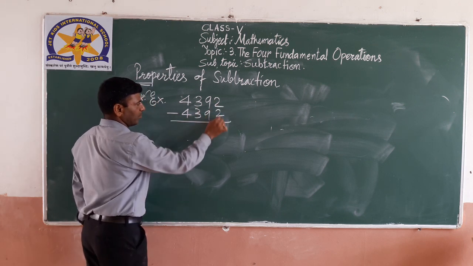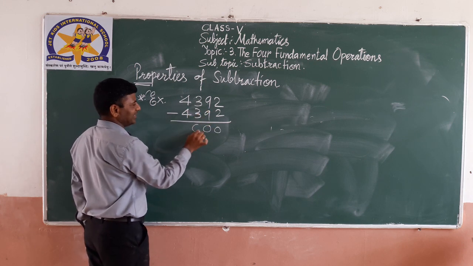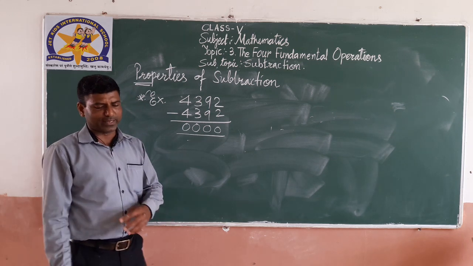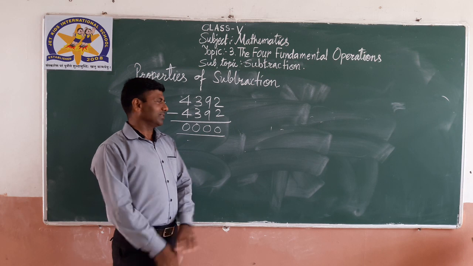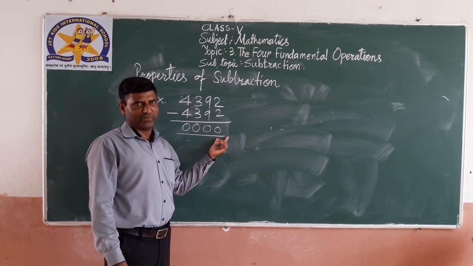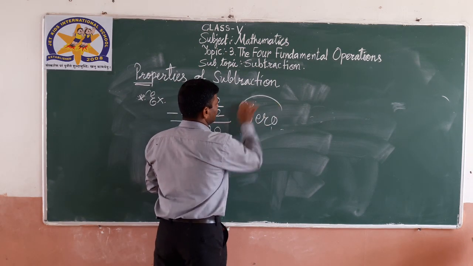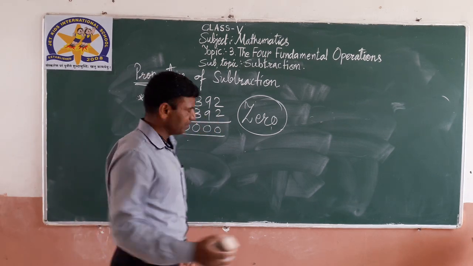What will come? 2 minus 2, 0. 9 minus 9, 0. 3 minus 3, 0. 4 minus 4, 0. Means if we subtract a number from itself, the difference, the answer, is always 0. Understand? So this is another property.